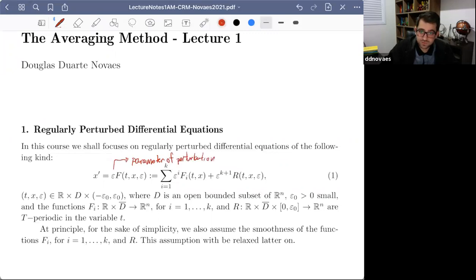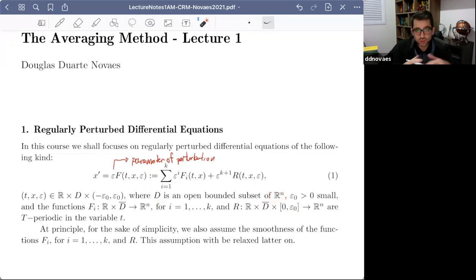Of course, the differential equation can have a lot of parameters, but we need a distinguished one, which will be the small parameter. The domain of the differential equation is given by R times D times minus epsilon 0, where D is an open bounded set of R^n, and epsilon is a positive parameter assumed to be small.